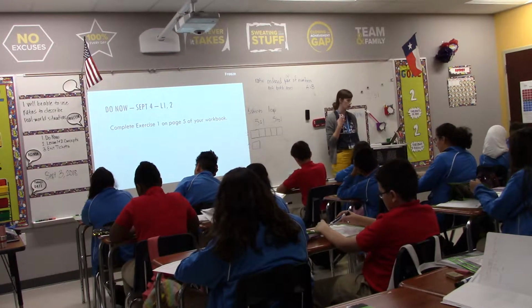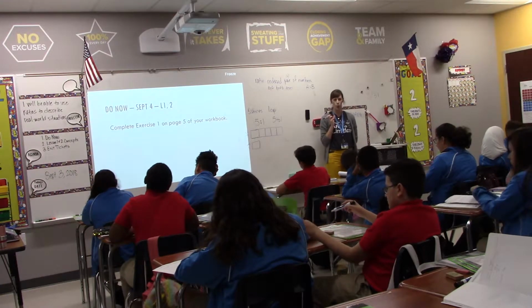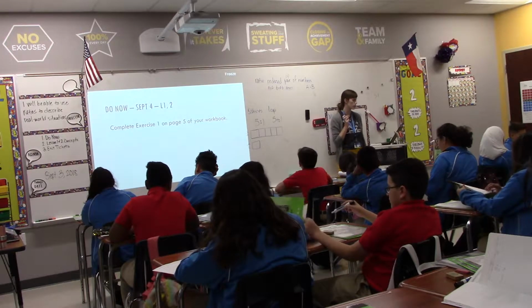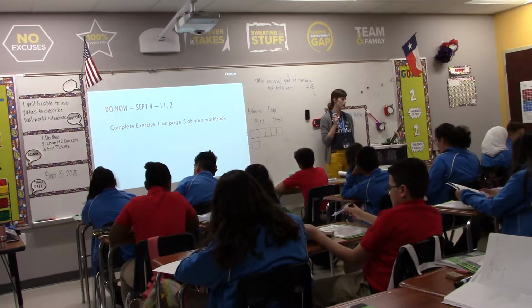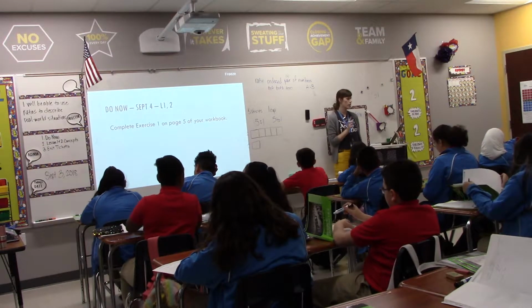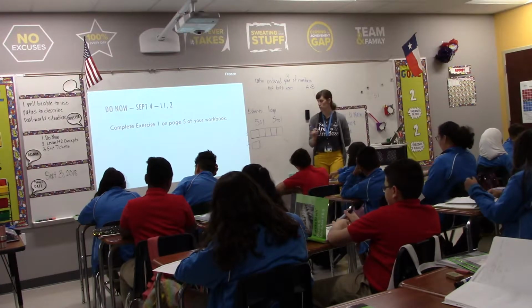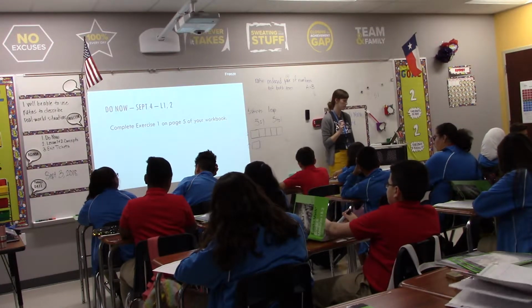Let's talk about that example. We say the ratio of the number of boys to the number of girls is 4 to 1. So it's read as 4, the word to, 1.